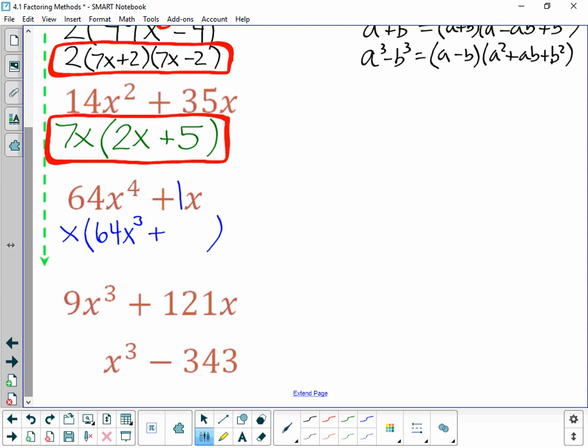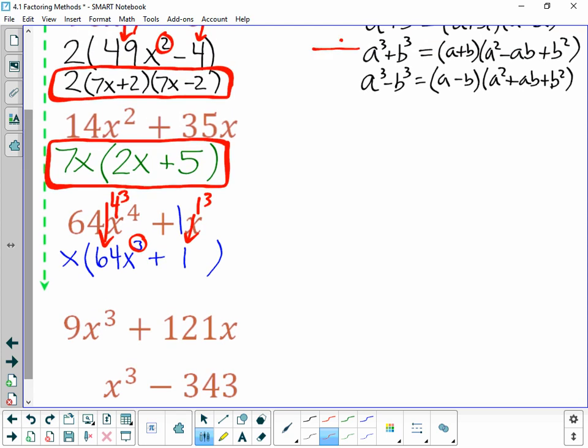Write that 1 if it helps you to remember that this is going to be a plus 1 right here. Okay, so we've got 64x to the 3rd plus 1. We have a 3rd power of x. We have a 64, which is the same as 4 to the third power. We have a 1, which is the same as 1 to a third power. This is going to be one of our cubic patterns. In this case, it's going to be this one right here at the top of my screen.